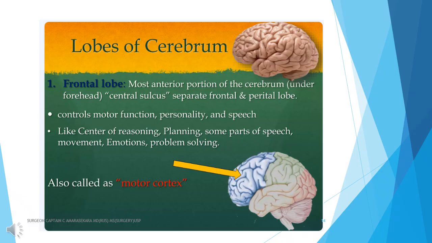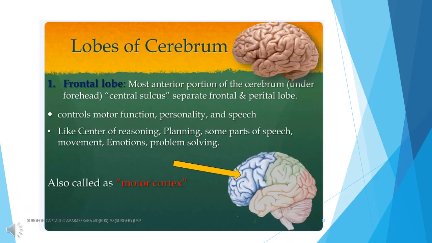Trauma or tumor in the frontal lobe may change the patient's personality. There may be disinhibition or poor judgment. You know what Broca's aphasia is? It's non-fluent, effortful speech with preserved comprehension.